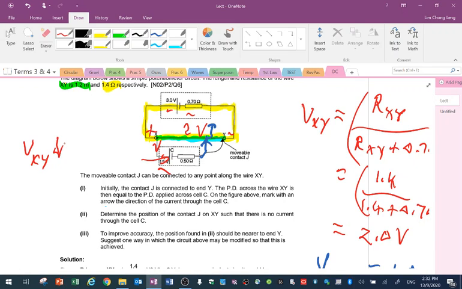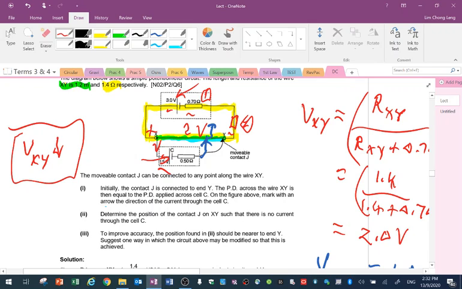All right. You can also decrease VXY by inserting a resistor here. Okay, you put a resistor here, then the 3 volt will be shared among the 3 resistors. The first resistor is the internal resistance, the second one is here, and the third resistor is actually XY.